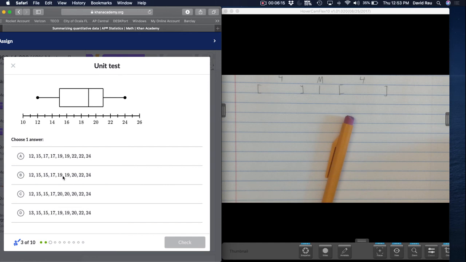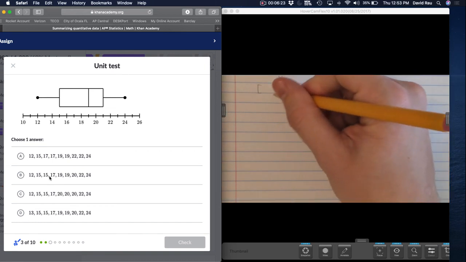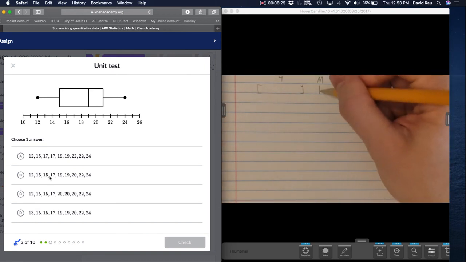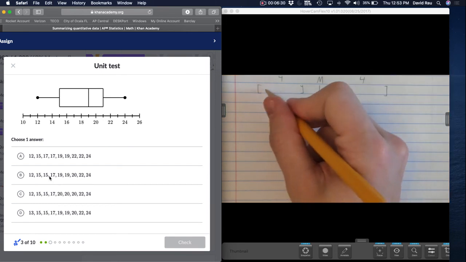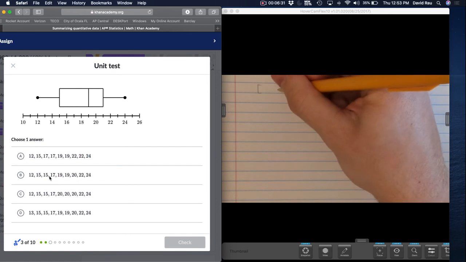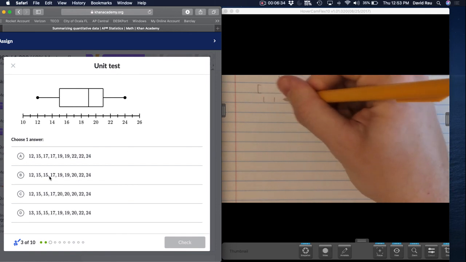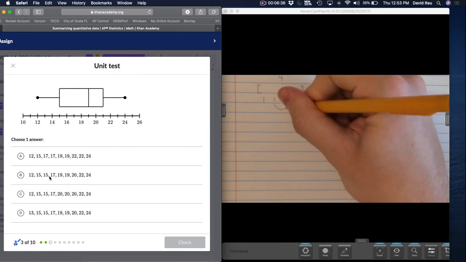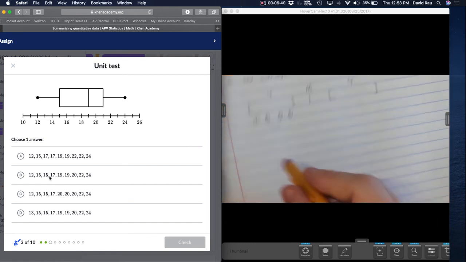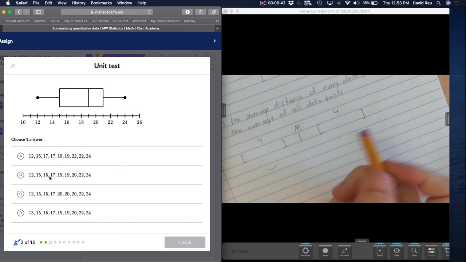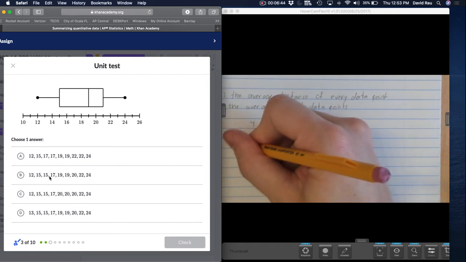The question is, which one has the correct first quartile or the correct third quartile? To calculate the first quartile, the median splits this in half, and now the question is, what is in the middle of 4 data points? I guess I should write it like this.